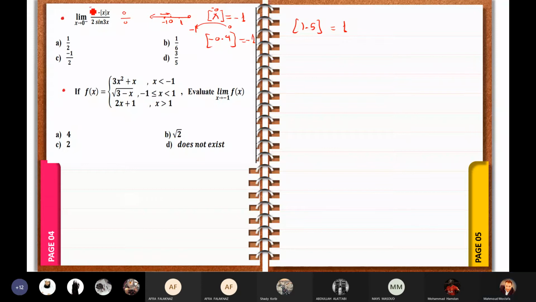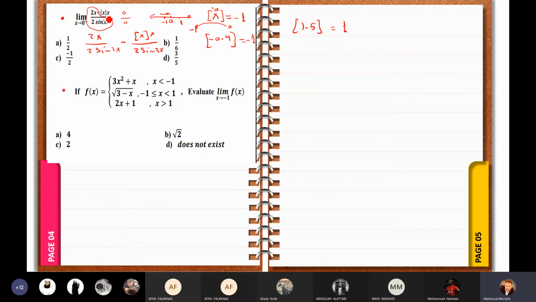Again, we can take 2x over 2 sine 3x minus the other function over 2 sine 3x, right?